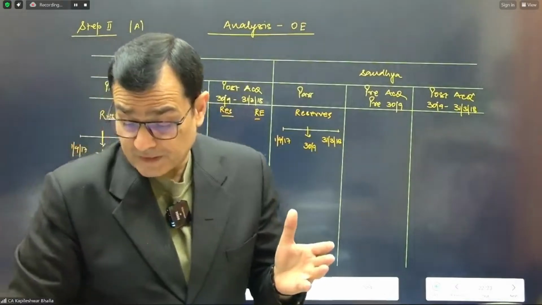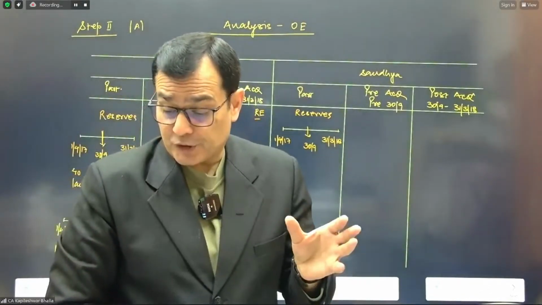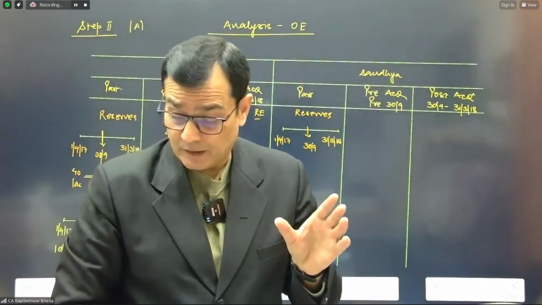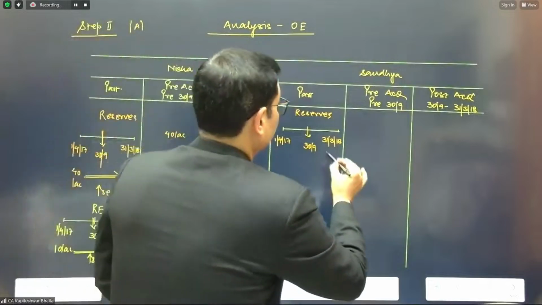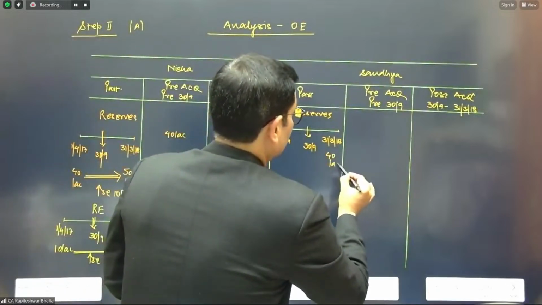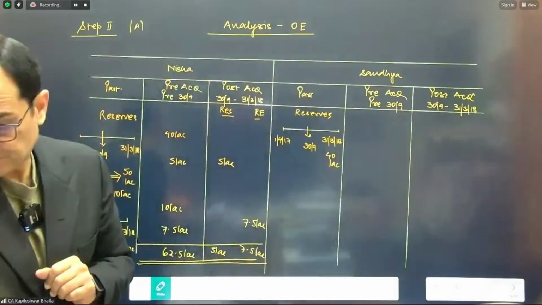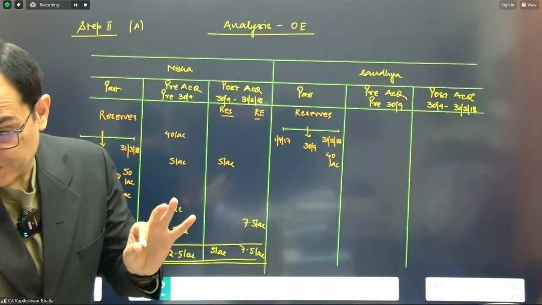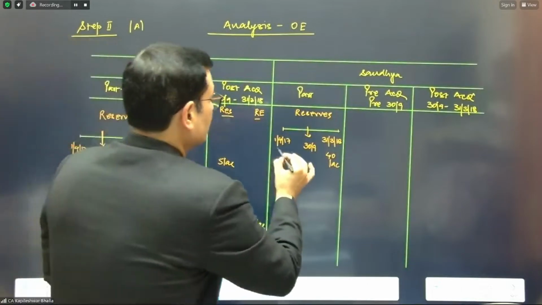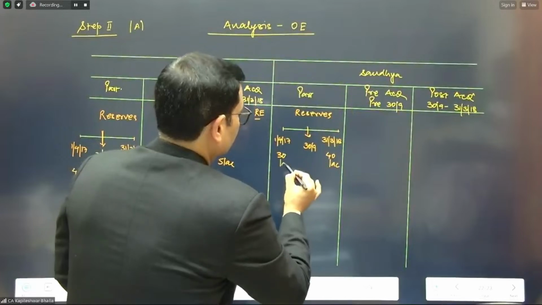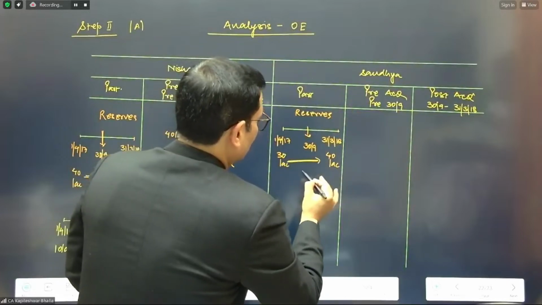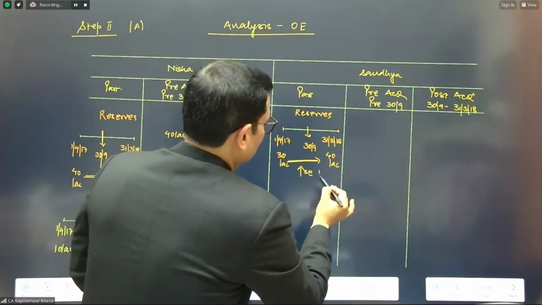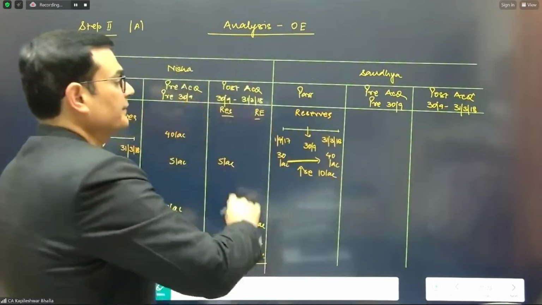Let's look at the balance sheet of Sandhya, and Sandhya has got reserves at the end, which is 40 lakhs. And let's look at the additional information. So we can see in point number 3, the reserves at the beginning of the year is supposed to be 30 lakhs. So clearly we can see a movement that there is an increase to the extent of 10 lakhs during the year.